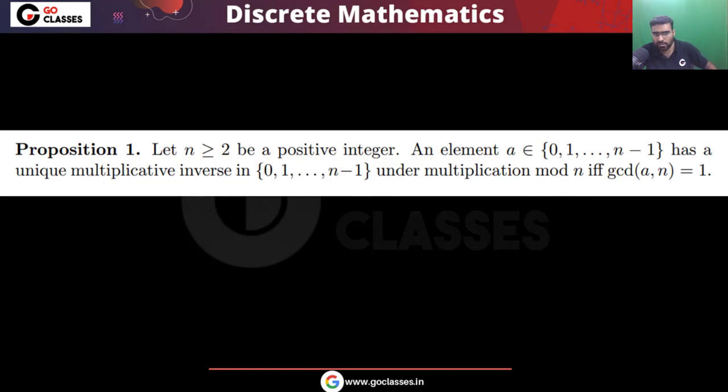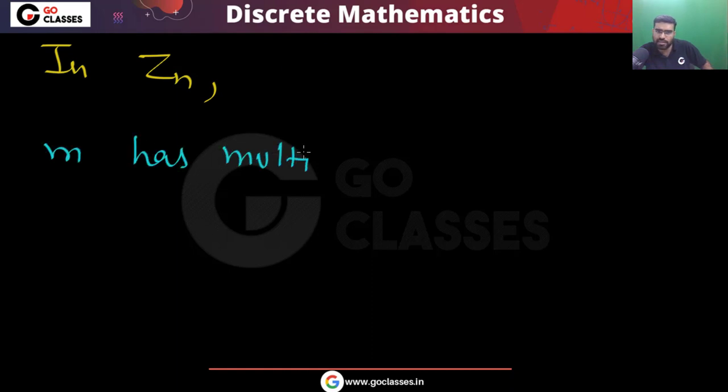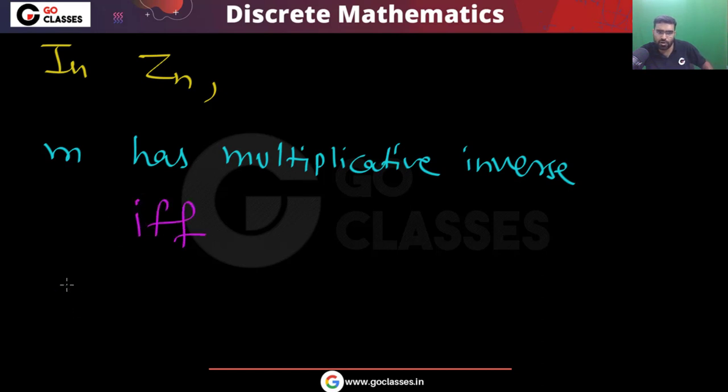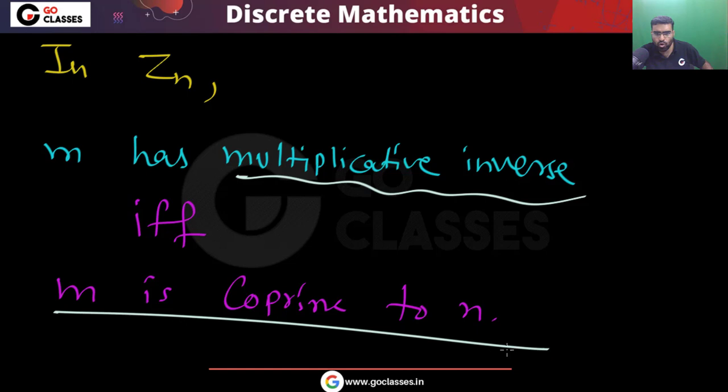If you remember, in this Zn, m has a multiplicative inverse if and only if m is co-prime to n. This theorem we have already seen.